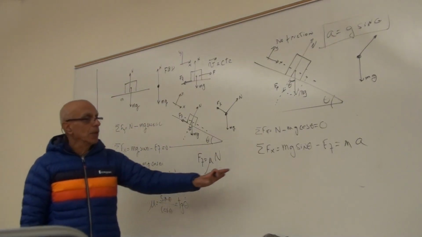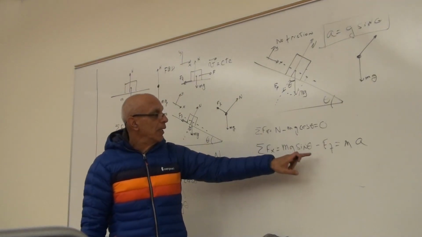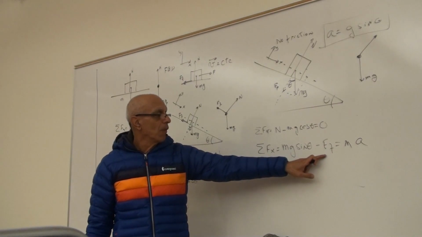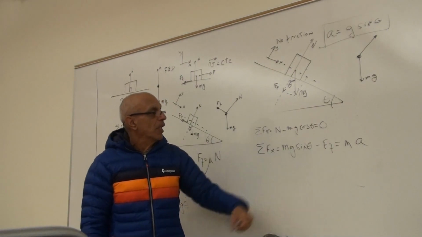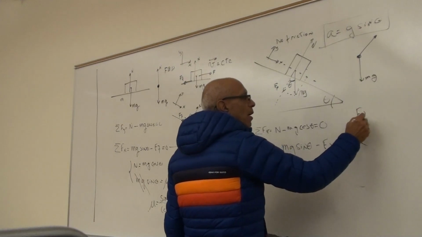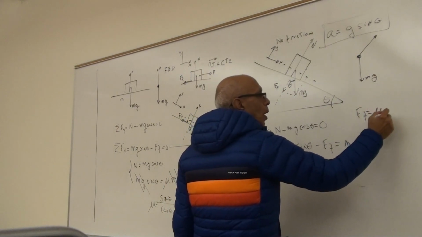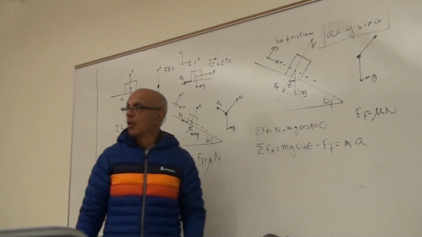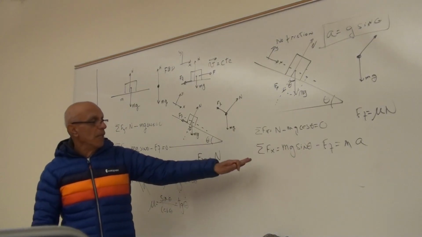So now it's different, right? I can replace this guy here again, because the friction force is mu times the normal force. So I'm going to do the same thing here.